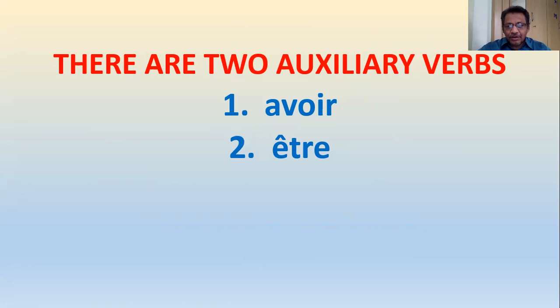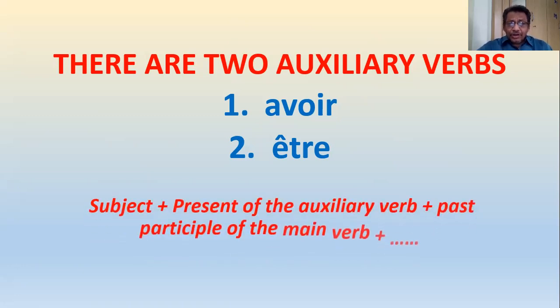Of course, in passé composé also, because that is one of the compound tenses. Now, in a compound tense, we know that the main verb is in the past participle form. The auxiliary verb changes as per the tense. Now we are learning passé composé, so we shall see what happens to the auxiliary verbs when we are writing a sentence in passé composé.